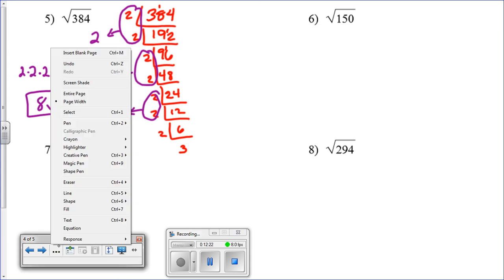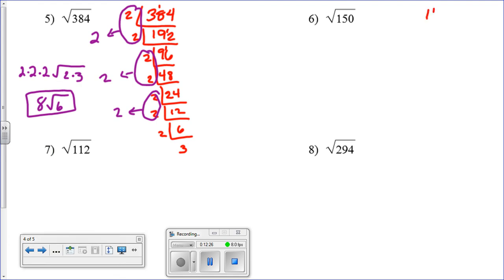All right, let's keep it going. 150. It's even. So I'm going to divide that by 2, and what is it, 75? Let's see. 3 goes in there 25 times. 5 goes in there 5 times.